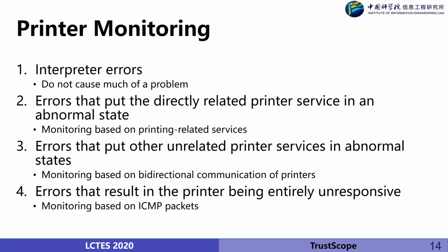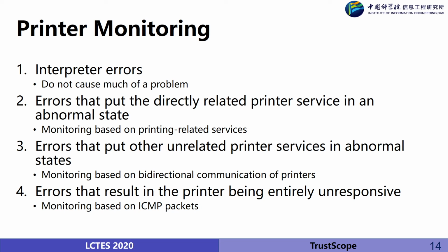Second, errors that put directly related printer service in abnormal state. Third, errors that put other unrelated printer service in abnormal states. And fourth, errors that result in the printer being entirely unresponsive.